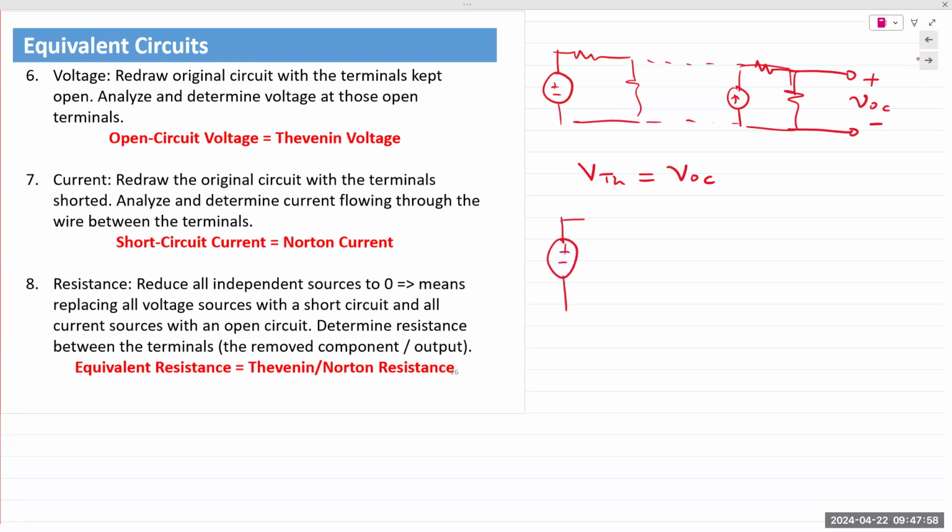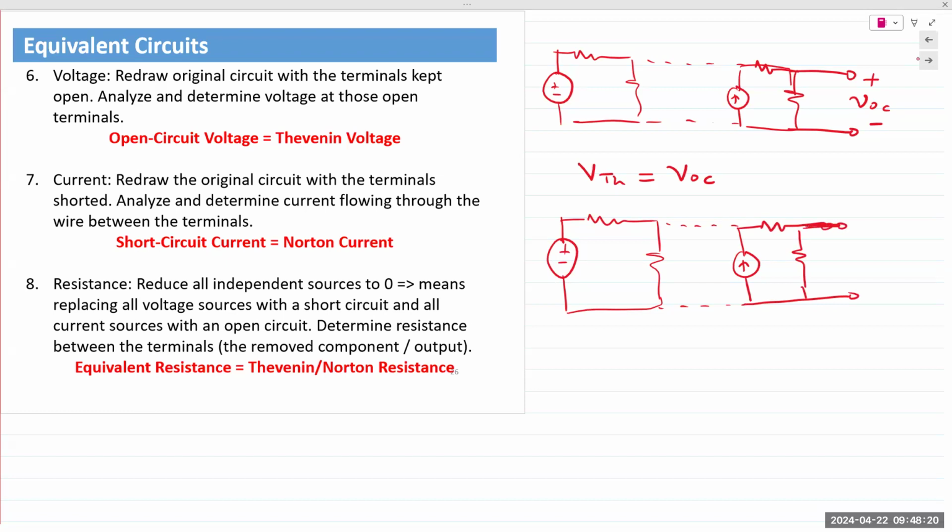For Norton current, I'm just drawing in the dashed line to indicate there are multiple components in the circuit. We don't really care. Right now, I'm just using it to illustrate a point.